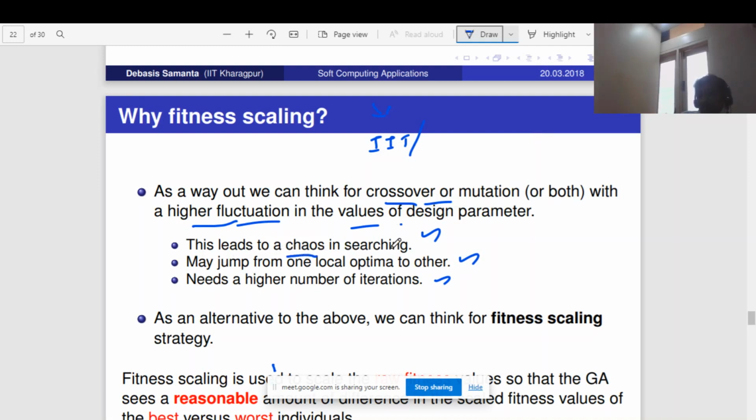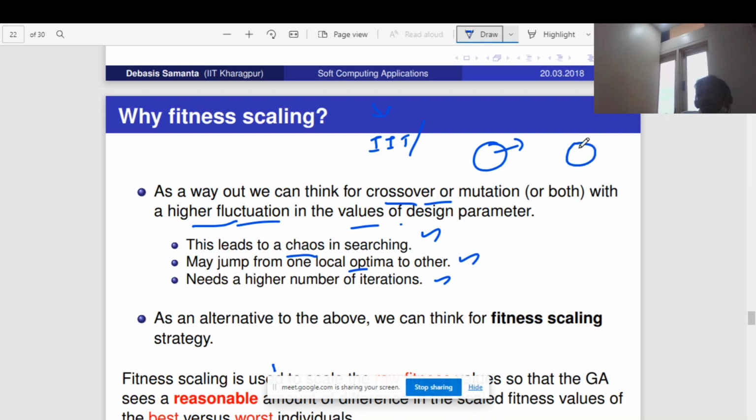That is, they have to do a lot of search, right? And it needs a large number of iterations. And it may jump from one local optimum to another. Local optimum means, in one place, that is the best solution. If I take some student who is best, that is a local optimum.